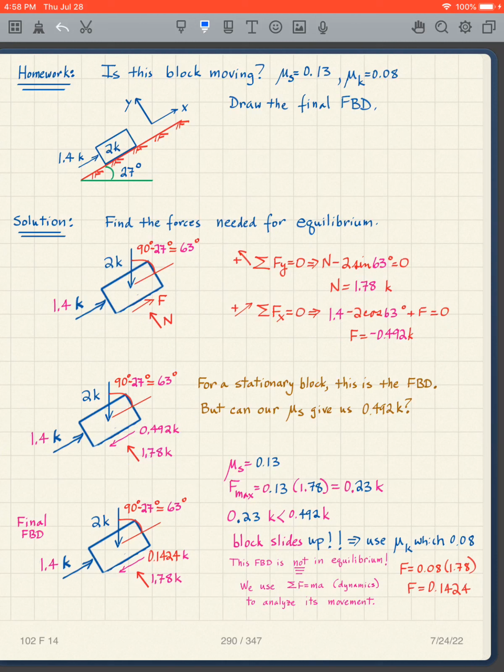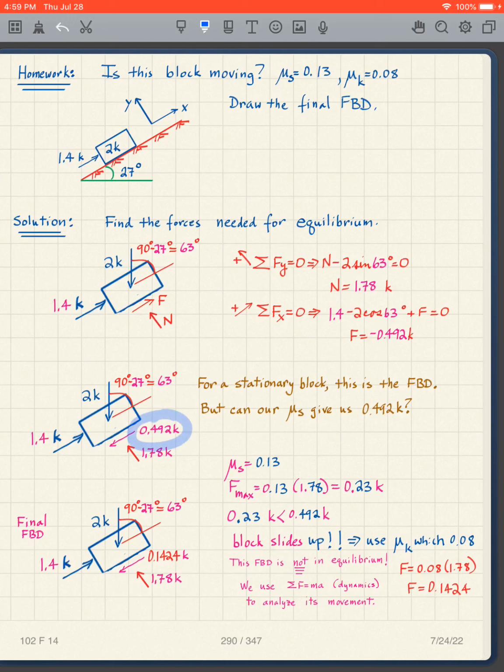Remember that the friction opposes the motion or the tendency for motion. So if it's going downward, that means the block has a tendency to go upward in this case. So we're looking at that 1.4 kips potentially being able to push it upward, but we don't know. We have to find out.